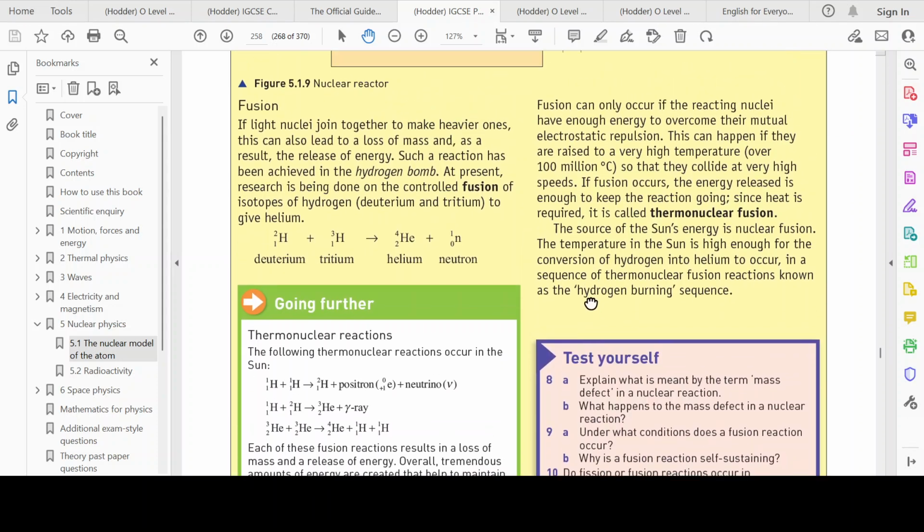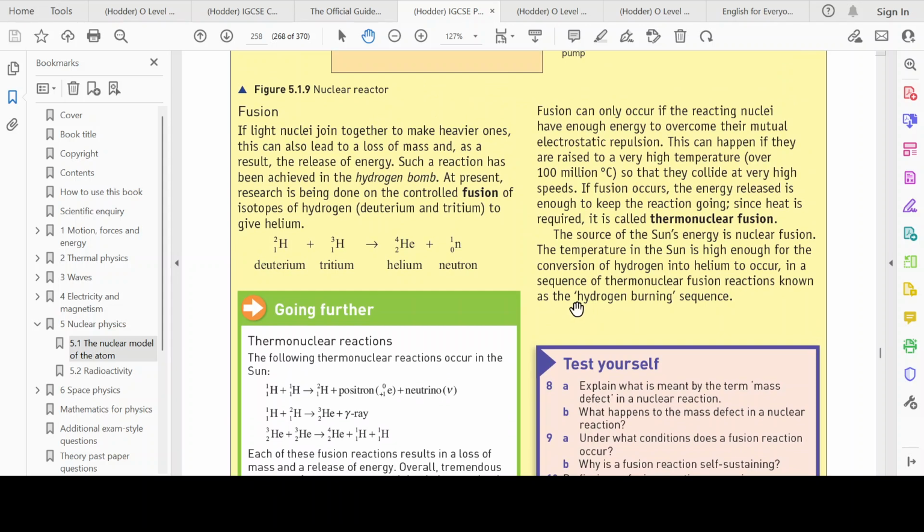Finally, we've got nuclear fusion. If light nuclei, light meaning having less mass, as you can see over here, join together to make heavier nuclei, this can also lead to a loss of mass and, as a result, the release of energy. So going back to Einstein's equation, the mass defect.